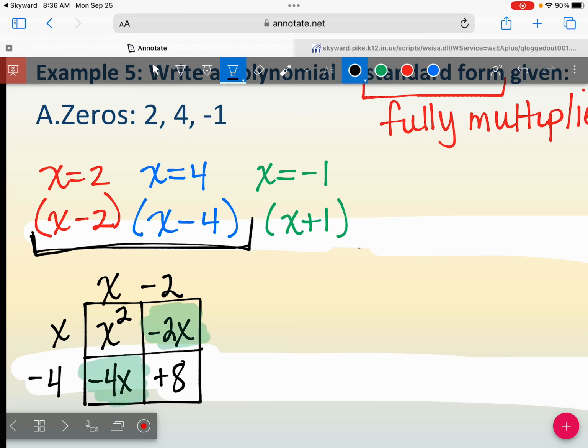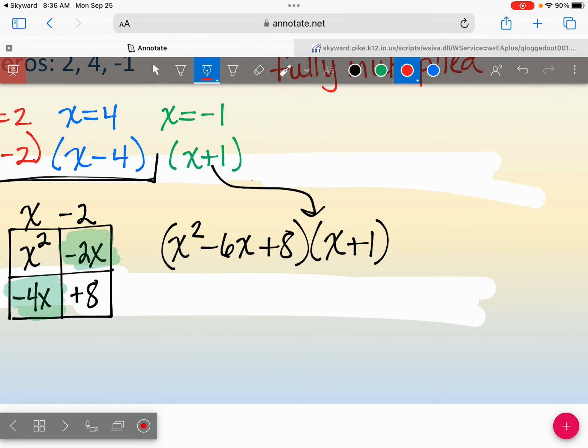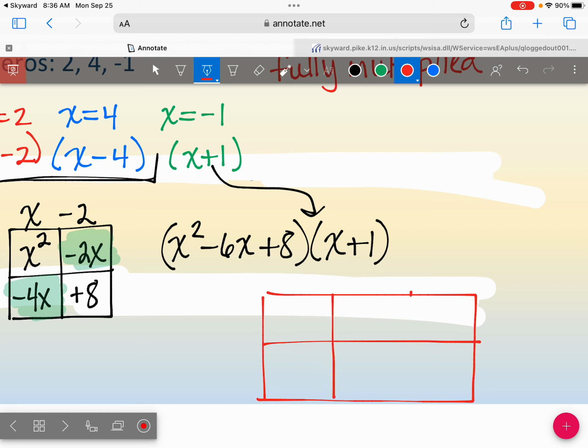So when I multiply, I get x squared minus 6x plus 8. So now I need to take that and multiply it by x plus 1. So we got to make a second box. And this time our box is going to be bigger. So let's make our second box. Go ahead and fill in all 6 squares.